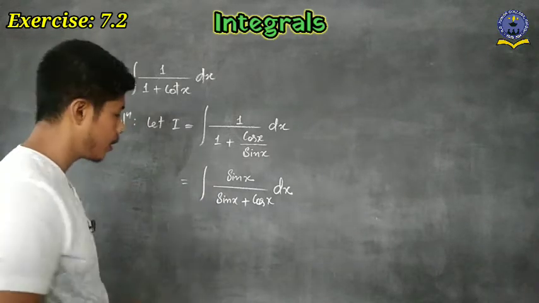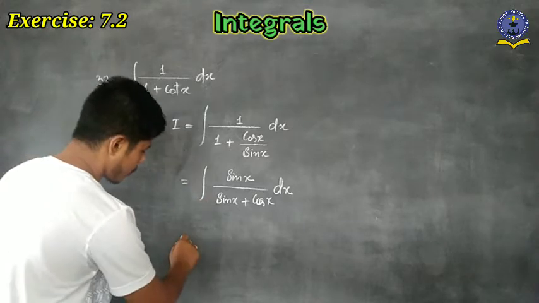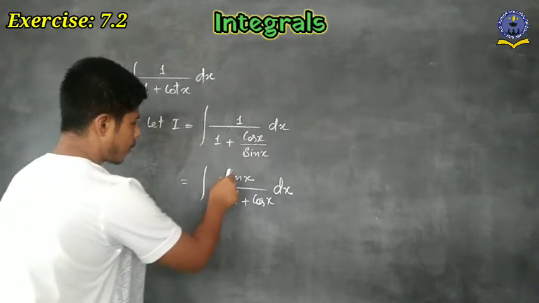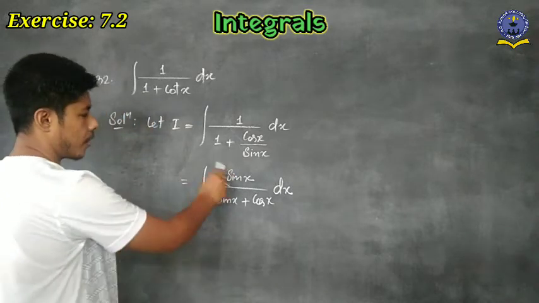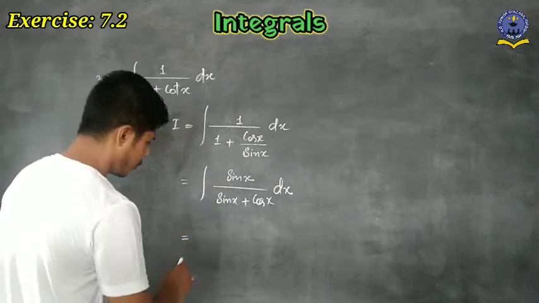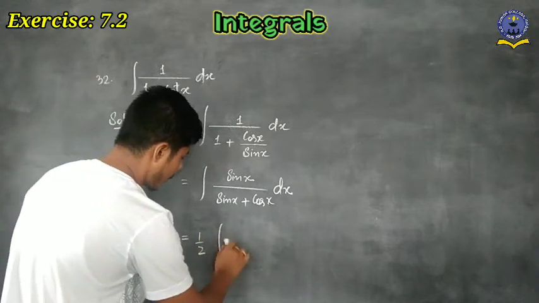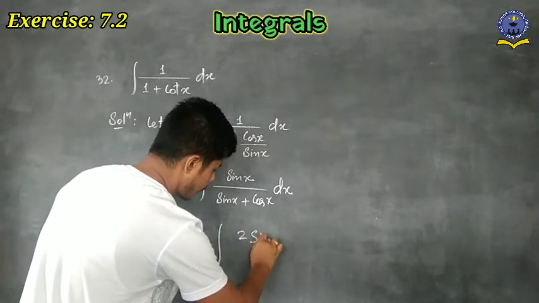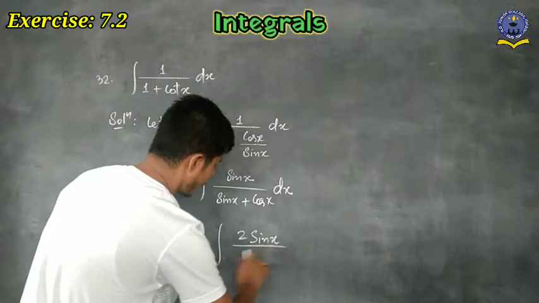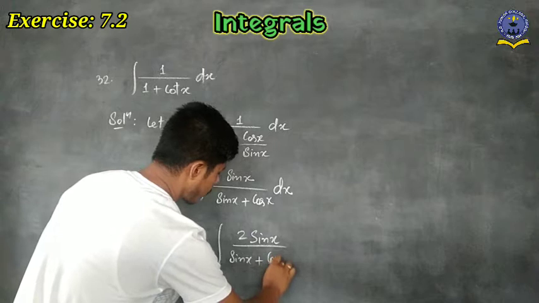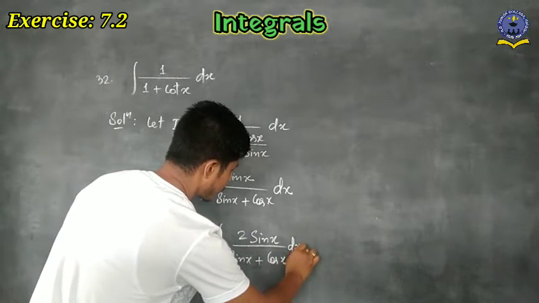The next step is also very important. You have to remember this: multiplying numerator and denominator by 2. If you multiply by 1 by 2, then to balance this result we have to write 2 sin x divided by sin x plus cos x into dx.